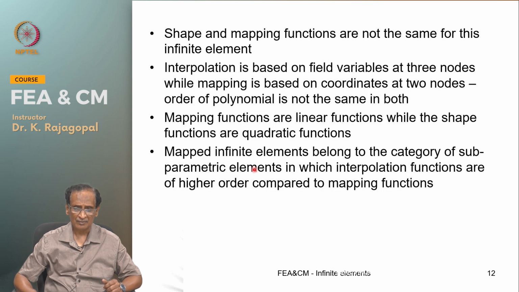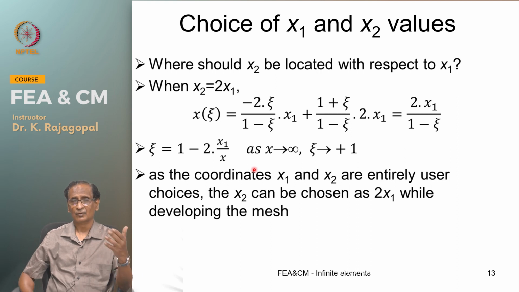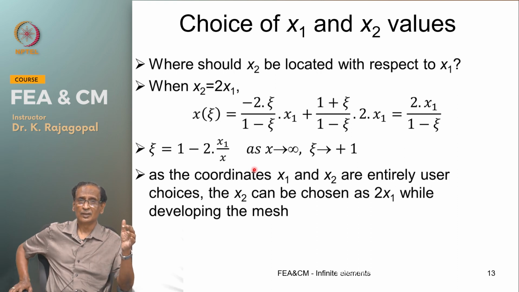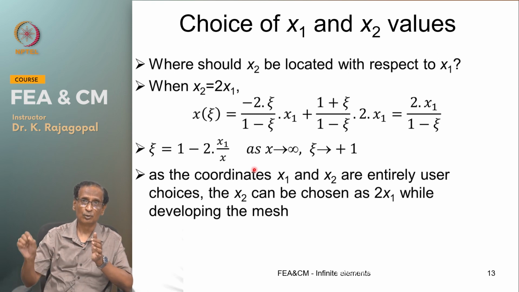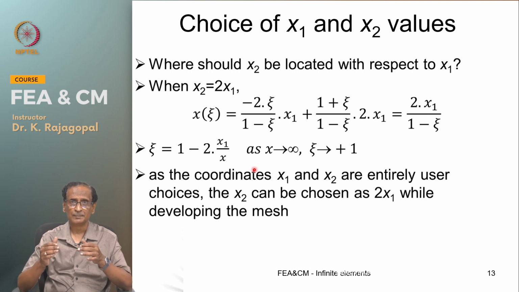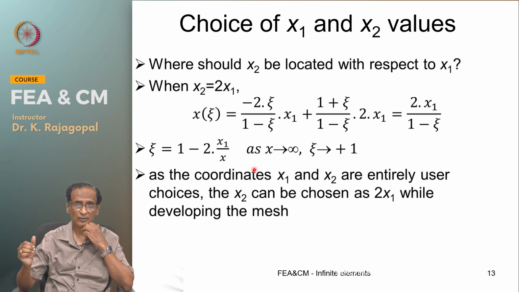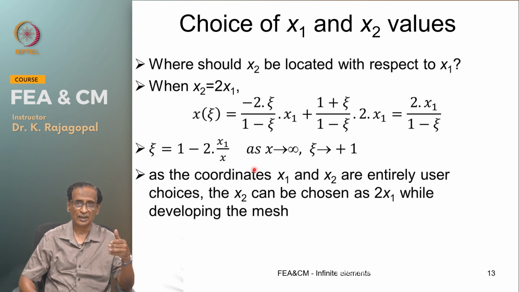Another thing we need to notice is, when we discussed the convergence principles, one of the requirements is that our mapping and shape functions should be well defined at all the nodes within the element. But in this case, our mapping functions have a singularity at xi of +1. So, we are not really satisfying all the requirements of convergence, but our sigma of m is 1.